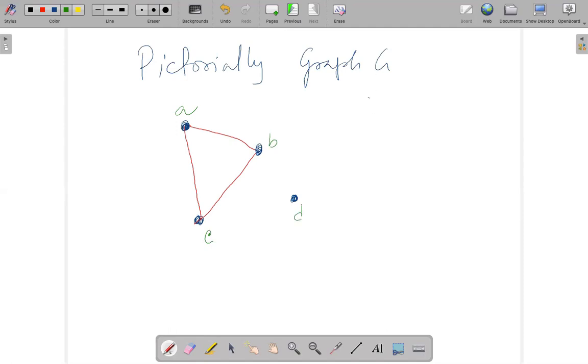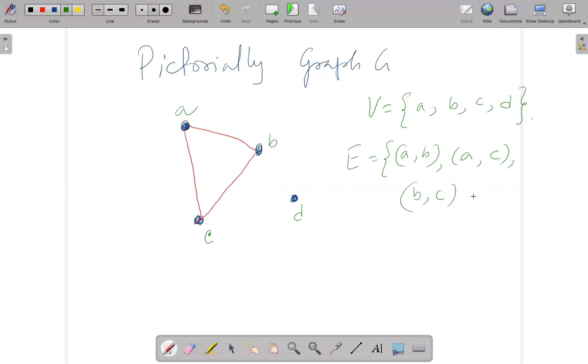So here V, or the set of vertices, is A, B, C, and D. The set of edges is AB, AC, BC.